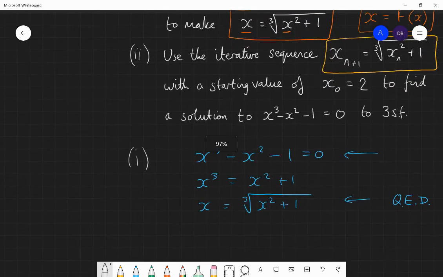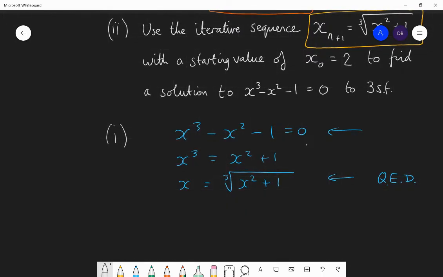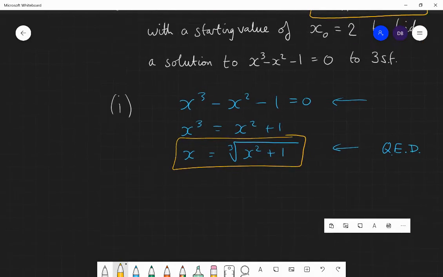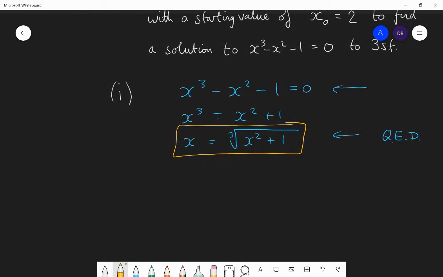Okay, so all we have done at this point is turn this rearrangement in the form x equals f of x into a recurrence relation, into an iterative formula. So we have said that the subject x on the left is our next value of x, and that is equal to the cube root of the object x, our previous value of x, squared plus 1.